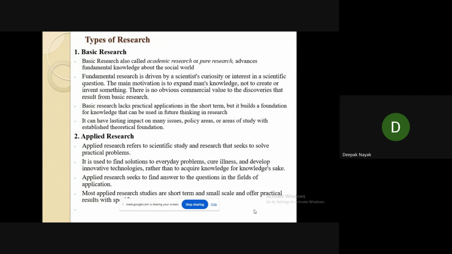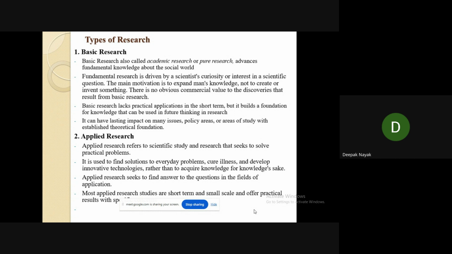So, to begin with, the first kind of research is basic research. See, students, as I have already said in the previous classes, the prime motto of research is to gather and collect knowledge and add to the storehouse of knowledge.